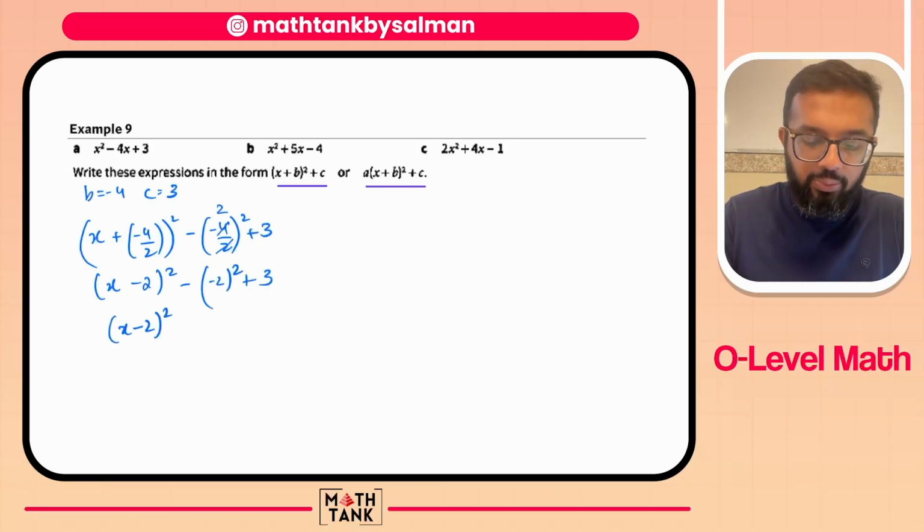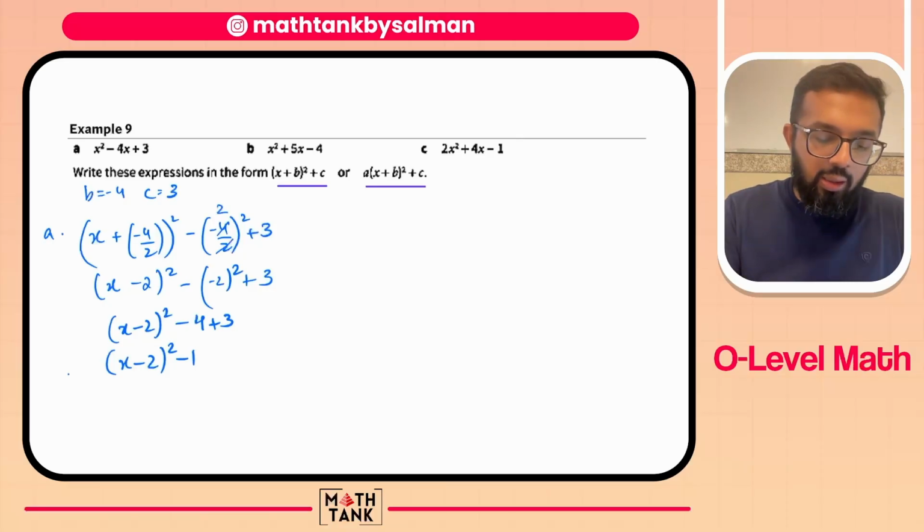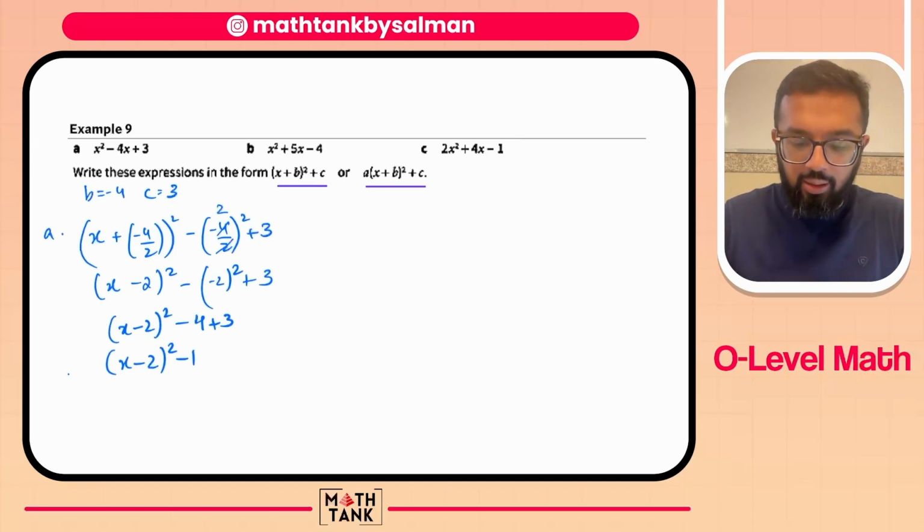X minus 2 whole squared minus 4 plus 3. That's A. So x minus 2 whole squared minus 1. How do I know if I've done the correct solution? What I can do is on the exam, I can go back and expand this and try to get that. And I'm pretty sure you'll get the same answer when you expand it.